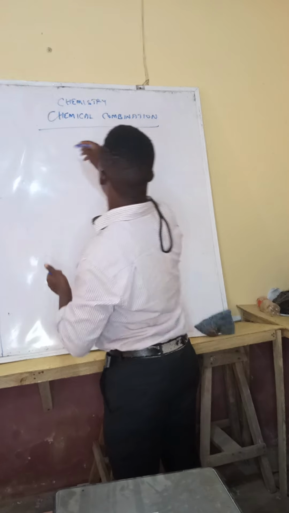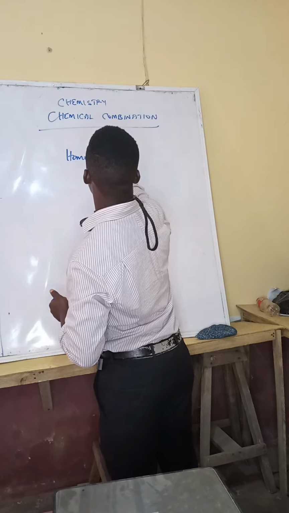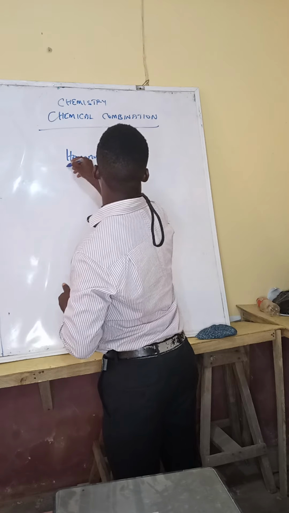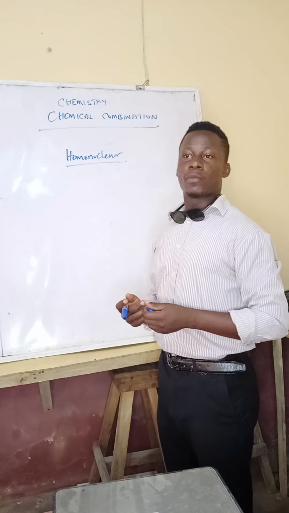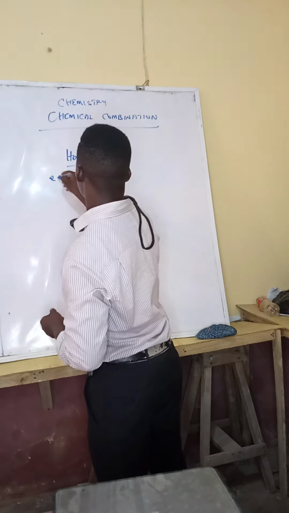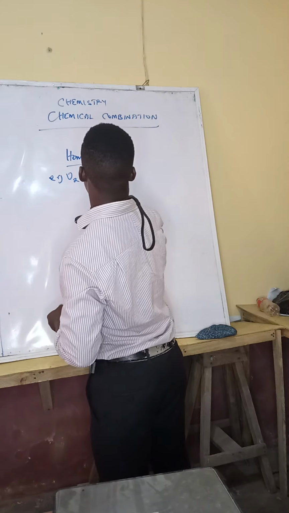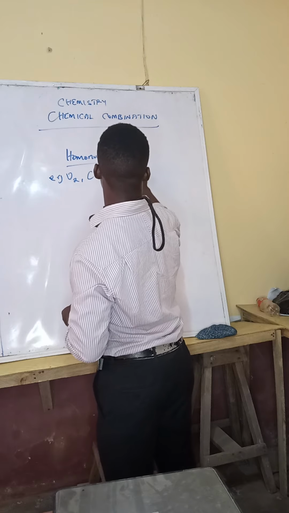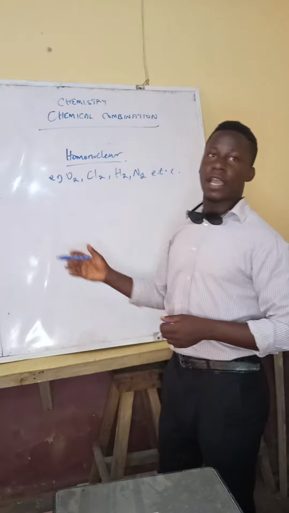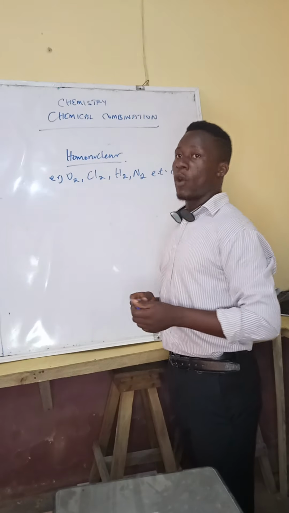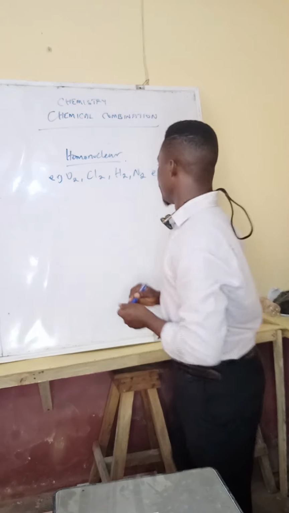For homonuclear, we said it occurs with atoms of the same element, e.g. oxygen, chlorine, hydrogen, nitrogen, etc. Now let's check how bonds are formed with chlorine.